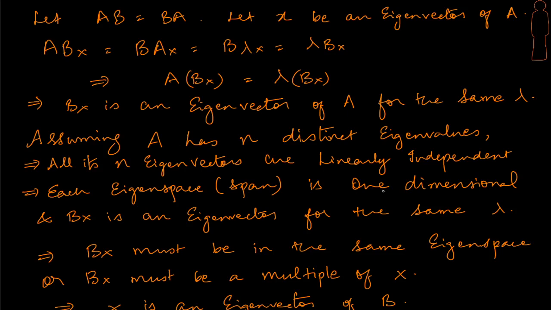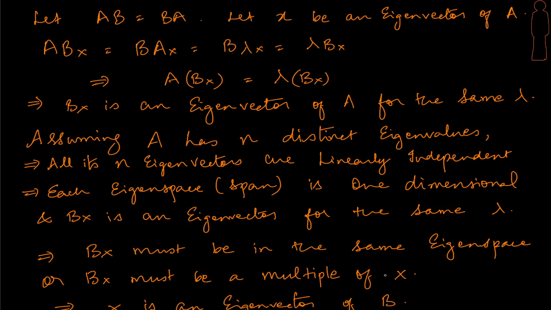It is in the direction of x or in the opposite direction, nothing more or less, right? And therefore Bx is an eigenvector for the same lambda, which means it must be in the same eigenspace as x, and x is one-dimensional, so all that you can have is that Bx is a multiple of x.